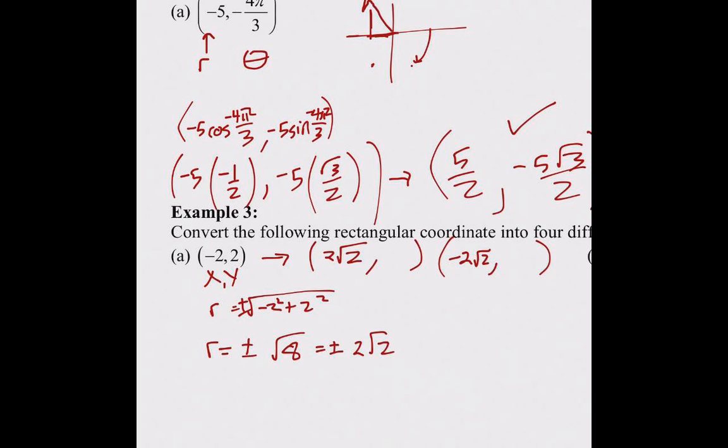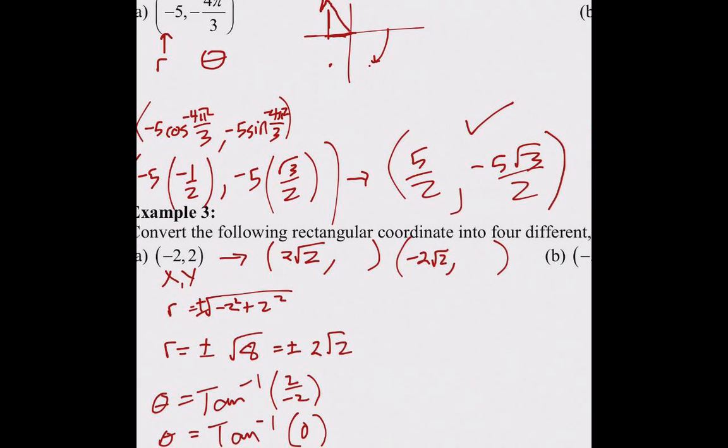So theta is going to come from, as I said before, the inverse tangent of y over x. As I showed you up top, so 2 over -2, which is the same thing as the inverse tangent of -1. And you want to know your unit circle for that one. So if I go to the unit circle and talk about tangent, tangent is 1 at these two corners and -1 here and here.